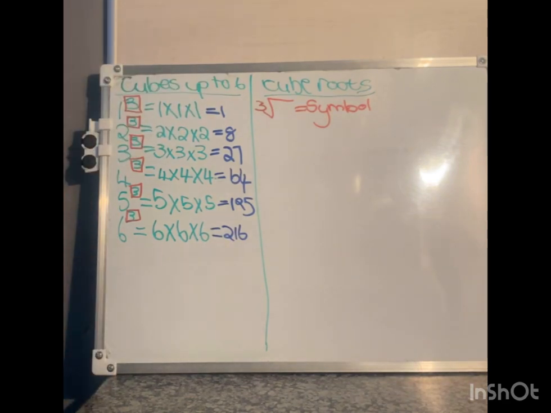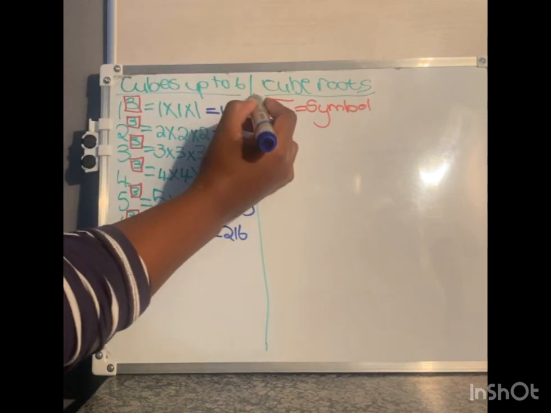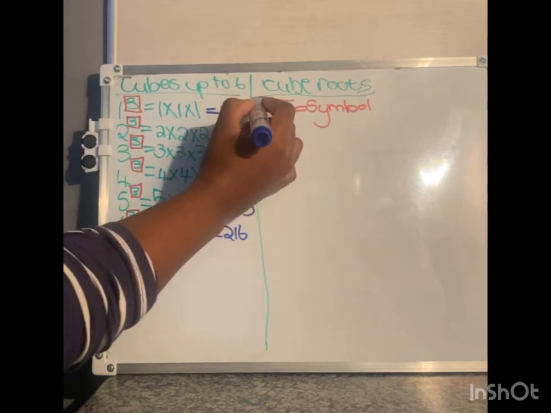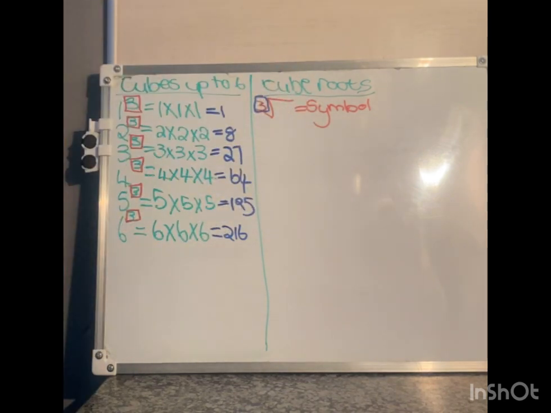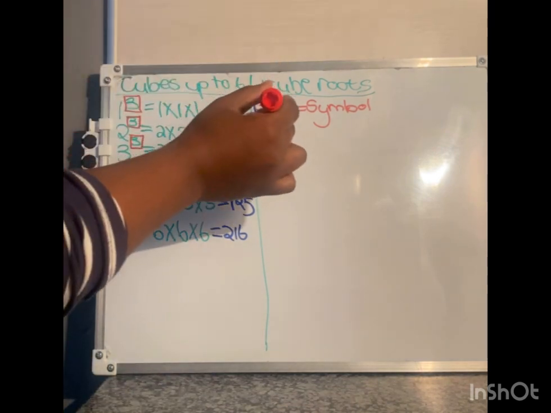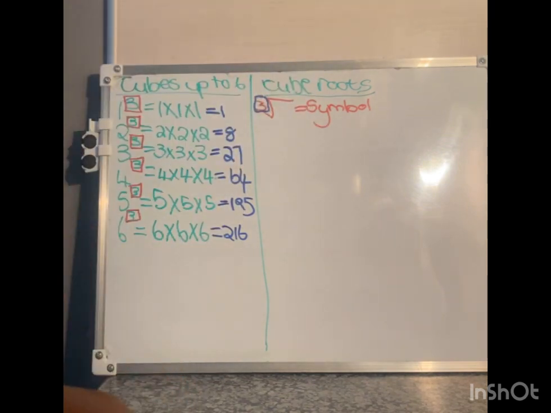What do we have that is different on the symbol of a cube root? We have this 3 right there. This 3 will remain there with cube roots. It's there to stay, unlike with the square root where it's invisible. With cube roots, it will be there.